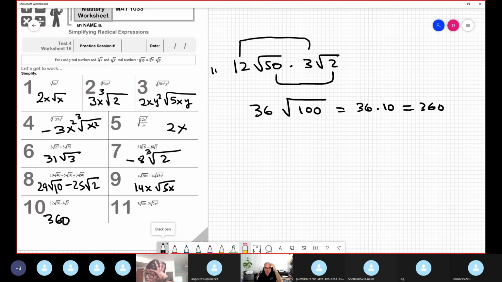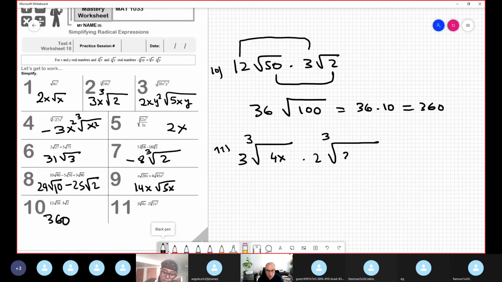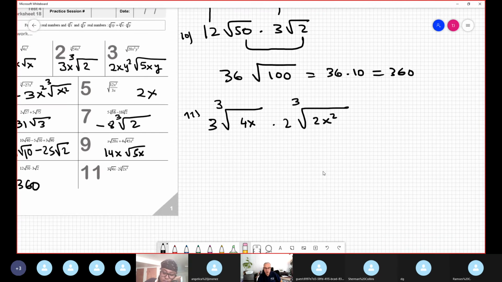That was number 10. And number 11 is also multiplication, David. It's 3 cubic root 4x, times 2 cubic root 2x squared. Yeah, my mic was off. You have to respect the rule, and the rule is clear.